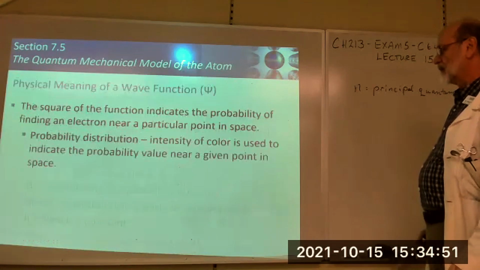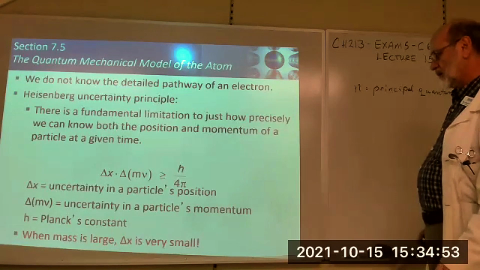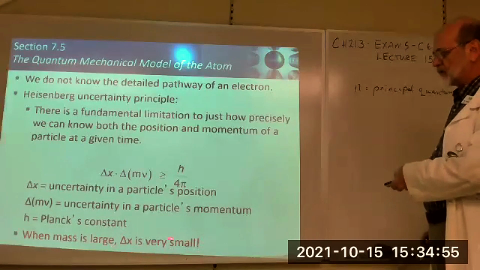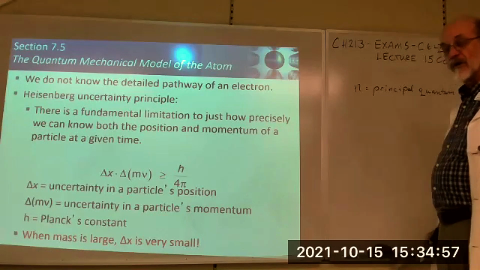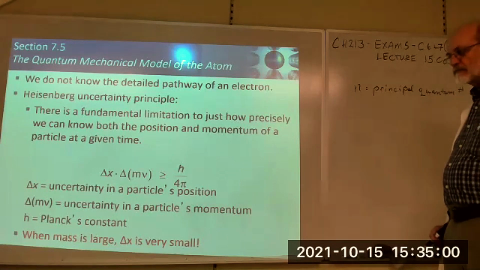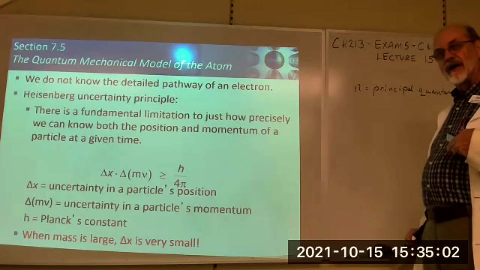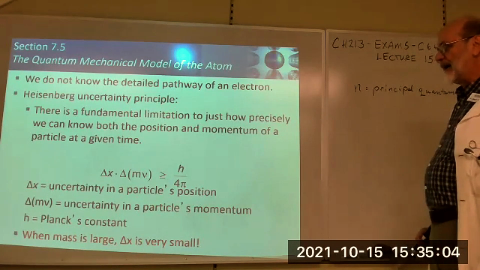When mass is large, delta X is very small. So you can always know where I am. But when I get very small, you can't know both of them at the same time.